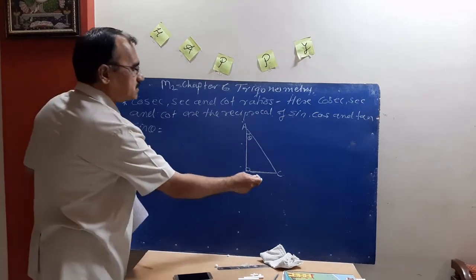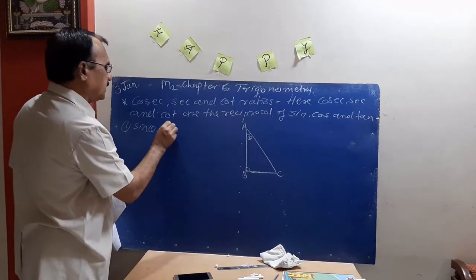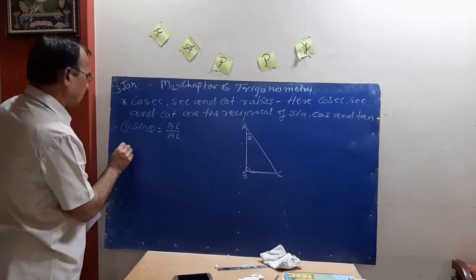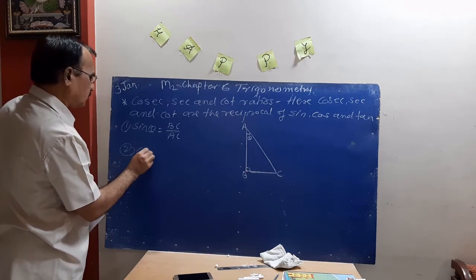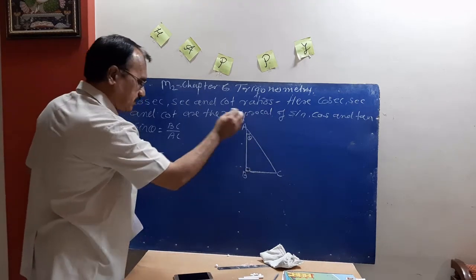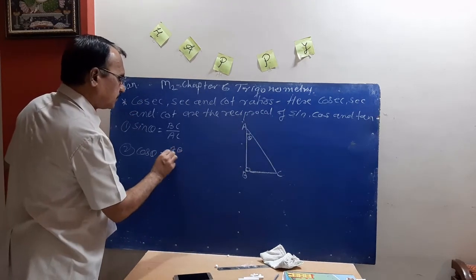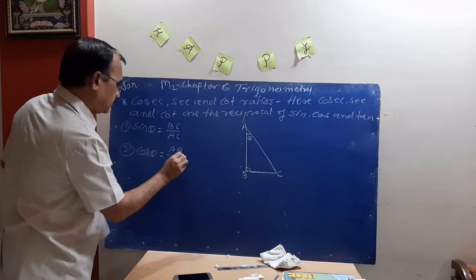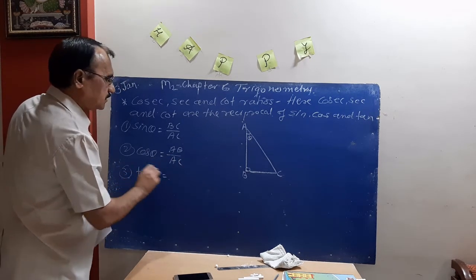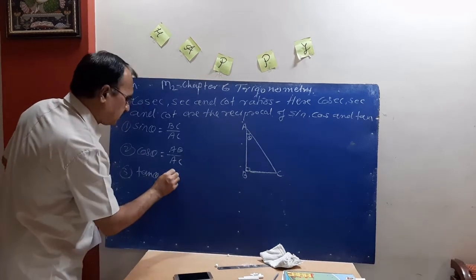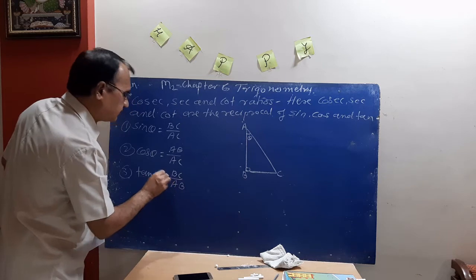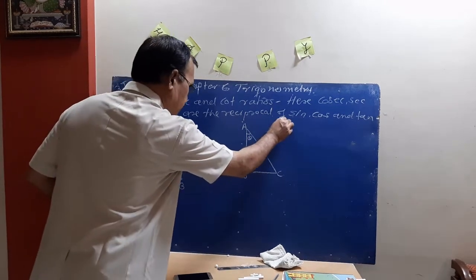Sin theta is opposite upon hypotenuse, that is BC upon AC. Then cos theta, you know, is adjacent side upon hypotenuse, that is AB upon AC. And tan theta is opposite upon adjacent, that is BC upon AB.